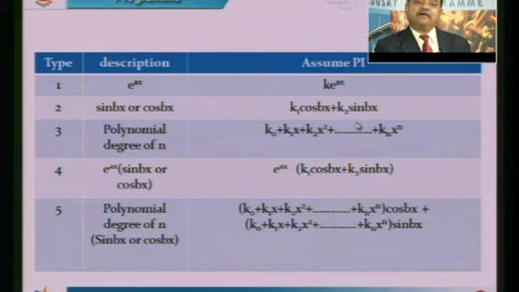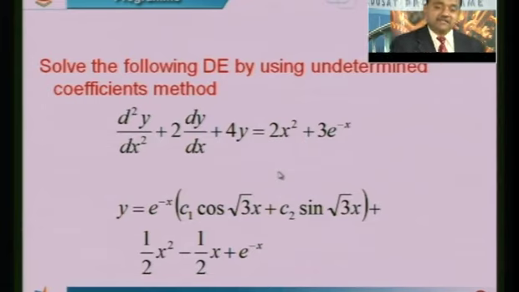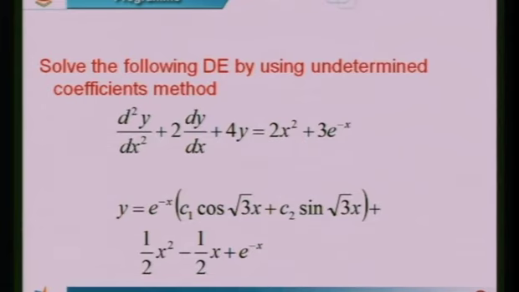What did we do there? We multiplied by x and differentiated the denominator, but here we have to multiply by x. In the problems I will show you how you can identify whether you have to multiply by x or assume the same PI. These are all the general PIs to be assumed. Only in these two, first type and second, you will get some particular cases. Now, let us see the first question.